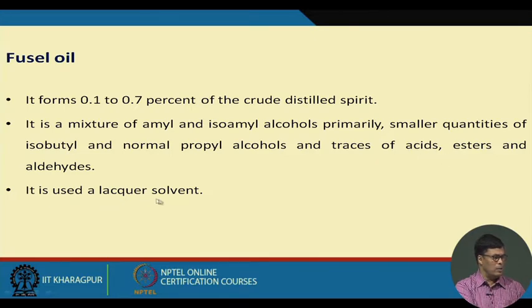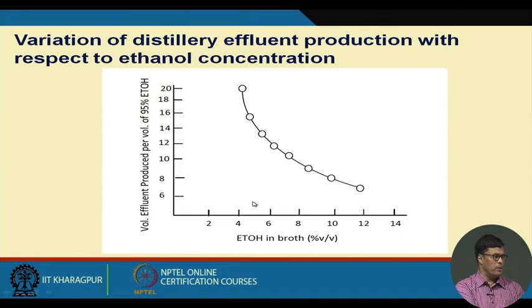This is also used as a lacquer solvent. I told you fusel oil also acts as an octane number enhancer. So when you use alcohol as power alcohol, it is desirable because it improves the quality of the fuel. But for human consumption it is not desirable because it gives a bitter taste.